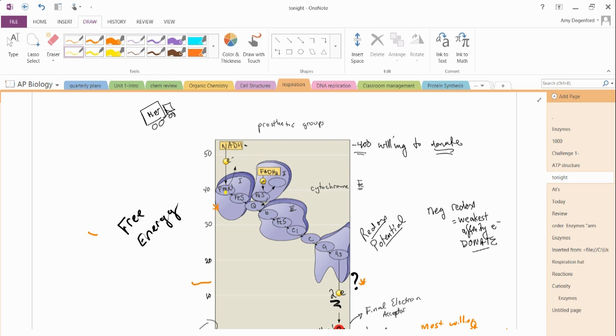Now remember, gaining an electron means that it is reduced, and then this is going to donate its electron to iron-sulfur. The FMN is now oxidized as it loses that electron, and now the iron-sulfur is reduced. And that's going to happen, and so forth, and so on.